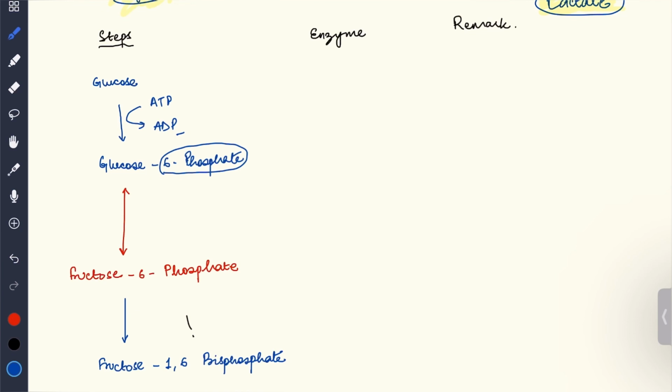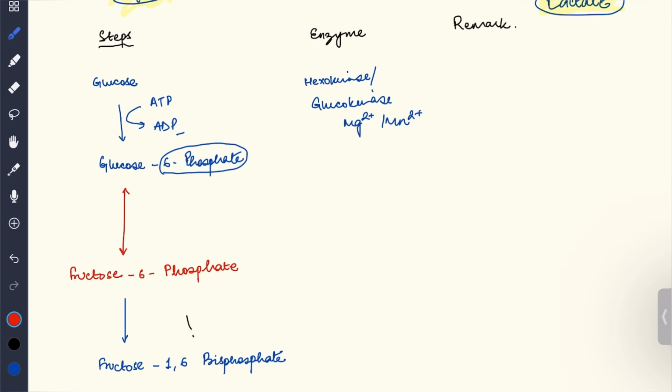So ATP will form ADP, and one phosphate will go to glucose and form glucose 6 phosphate. The enzyme it uses is hexokinase or glucokinase, and the cofactor will be magnesium or manganese. What are the important remarks on this step?